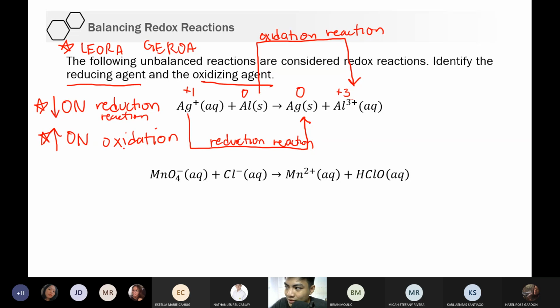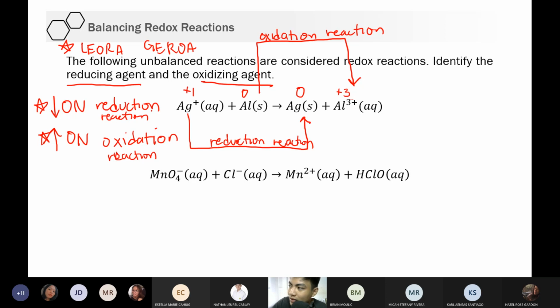Pag tumaas yung oxidation number, oxidation reaction. Ito lang kakabisaduhin niyo yung nilagyan ko ng stars. Okay. Losing electron, oxidation. Gaining electron, reduction. Okay, so ito may answer na sila.